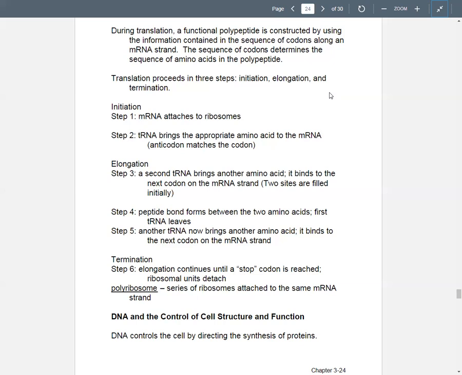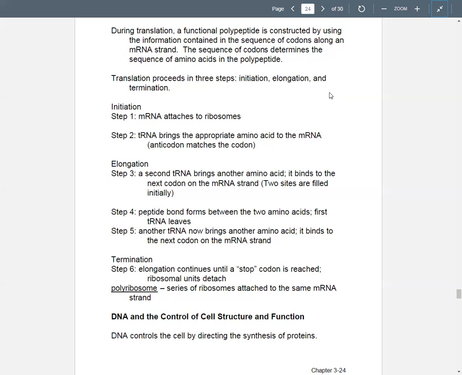Now you have two amino acids sitting next to each other because the two tRNAs are there. Because remember, the tRNAs have the amino acids on them. Those tRNAs say, I think I'd rather be bonded to you than being bonded to the tRNA. So a peptide bond forms between the first two amino acids. Then the first tRNA can leave.